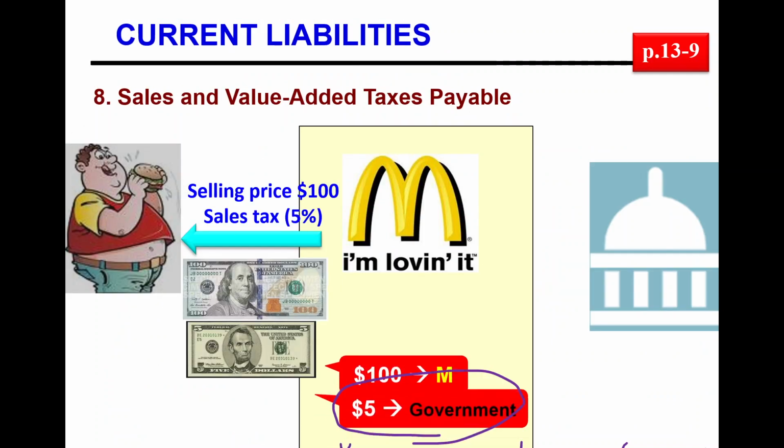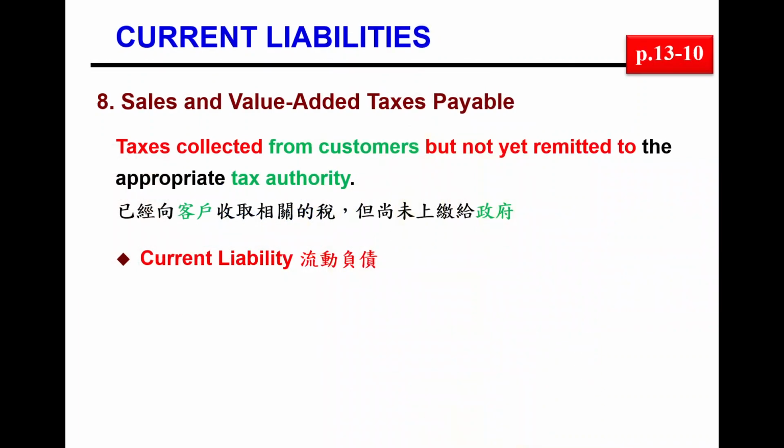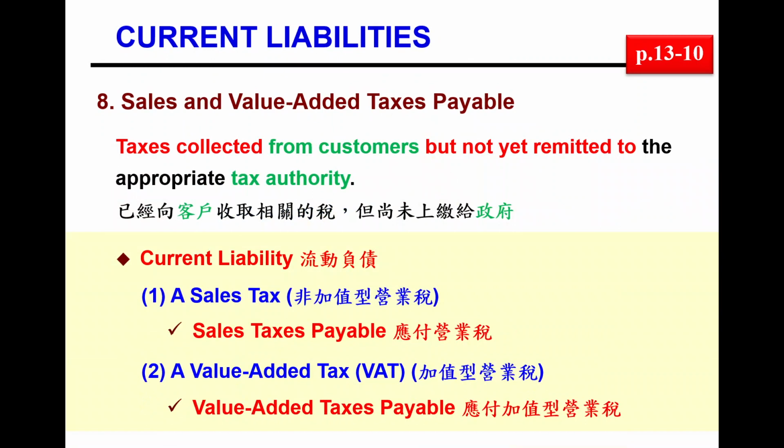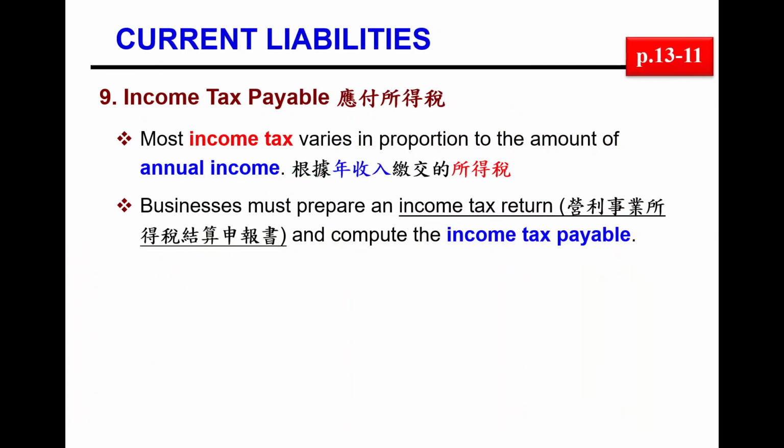When you use the second way, this is the term we use: value added tax payable. So depending on whether you use the first way, sales tax, you have sales tax payable, or you use the second way, value added tax, then you have value added tax payable to the government. But no matter what, this is your current liability, because usually next month you have to pay the money back to the government. Any questions? No problem.